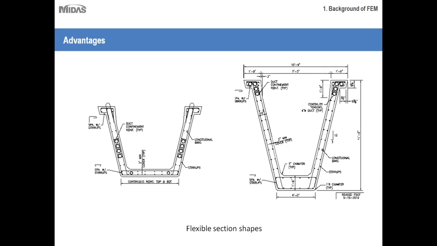So if you are varying your span lengths and you would like to go for a tapered section from the center of the bridge to the pier support, you can very well get that kind of configuration. And if you are doing the design check and you are planning to optimize the weight of the structure, then you can consider different alternates also. So based on the type of bridge you are doing, different span lengths and all, you can come up with a more optimal section rather than just being limited to the conventional I section that we are using.